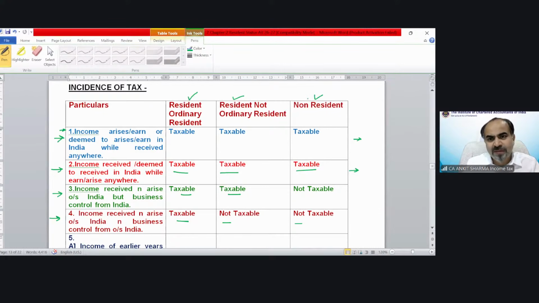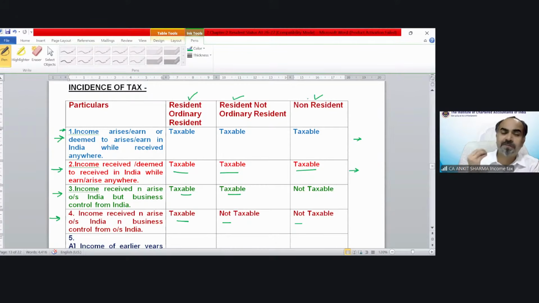So that's why I've told you that it's good to become a non-resident from the point of view of income tax. Why? Because if you are a non-resident, you can see you only need to pay tax on category 1 and category 2 income. Even if you are a resident but not ordinary resident, you need to pay tax on category 1, 2 and 3 income.